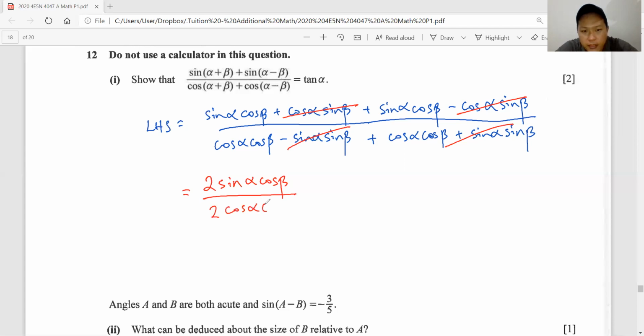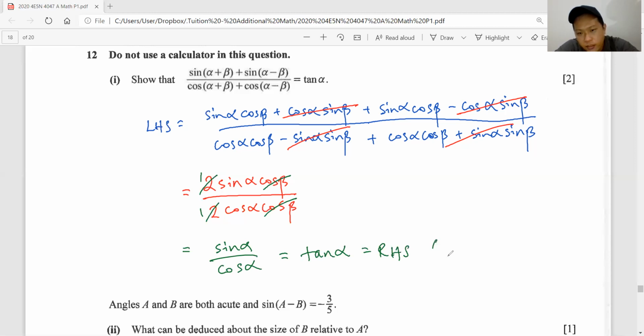Once again, cancel, cancel, cancel. The 2 and 2 cancel, left with 1 and 1, and cosine beta cancels, left with 1 and 1 also. So now I'm just going to have sine alpha over cosine alpha, which equals tangent alpha, equals right hand side.